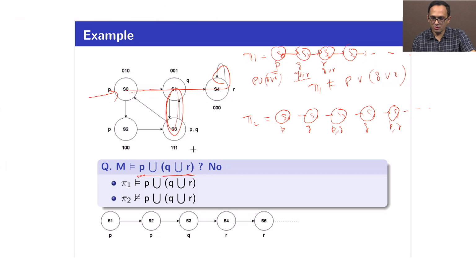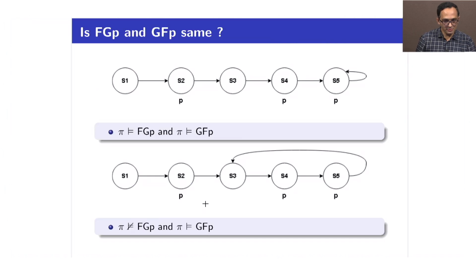So, this state S3 does not satisfy Q until R. This state also does not satisfy Q until R. Obviously P holds here, but in future states Q until R does not hold. So, I will say this pi 2 does not satisfy P until (Q until R). I hope you understand the interpretations now.